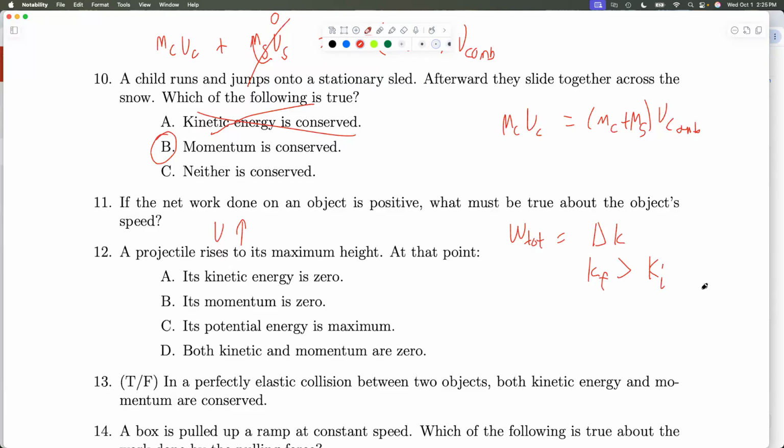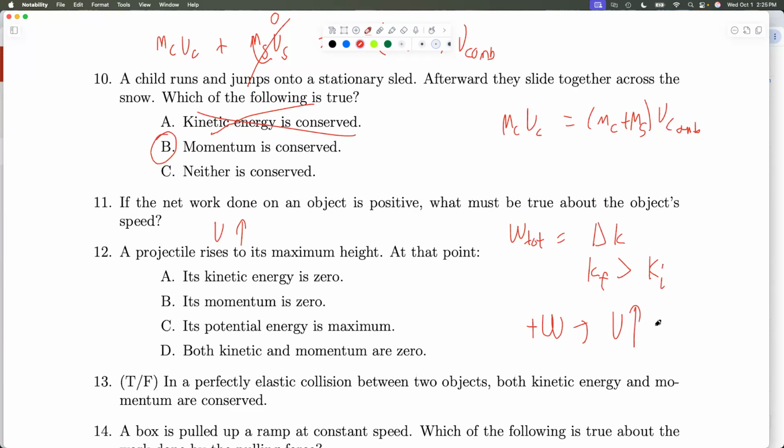Okay, now you've got to be careful with this. This does not say if you're doing work on something, you're always increasing its kinetic energy. That does not say that positive work implies speed goes up. If I lift a book up at constant speed, I'm still doing work.